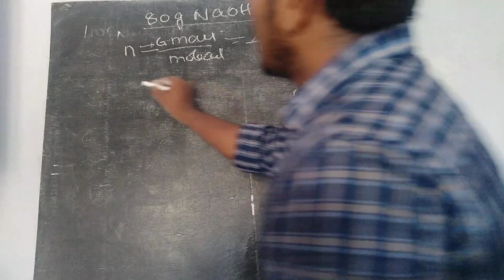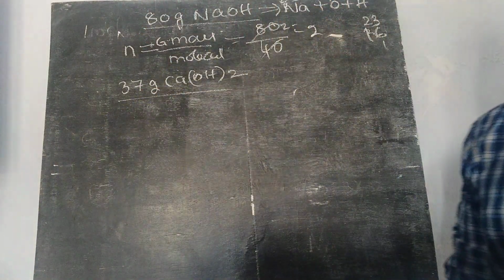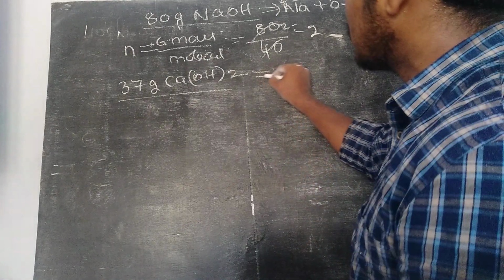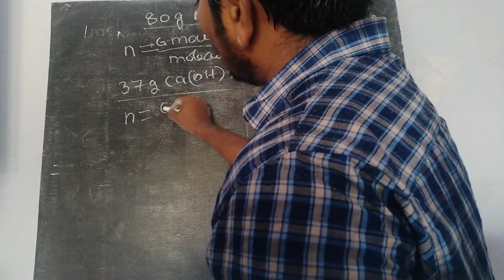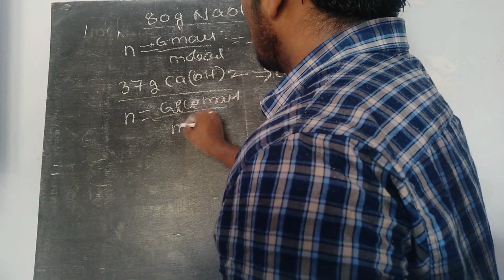For example, calculate the number of moles present in 37 grams of calcium hydroxide. You have to calculate the molecular mass. The formula is n equals given mass divided by molecular mass.